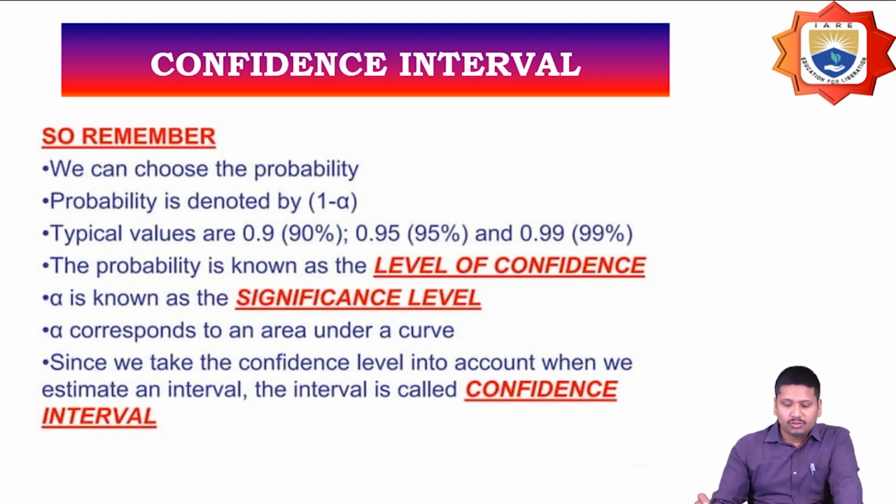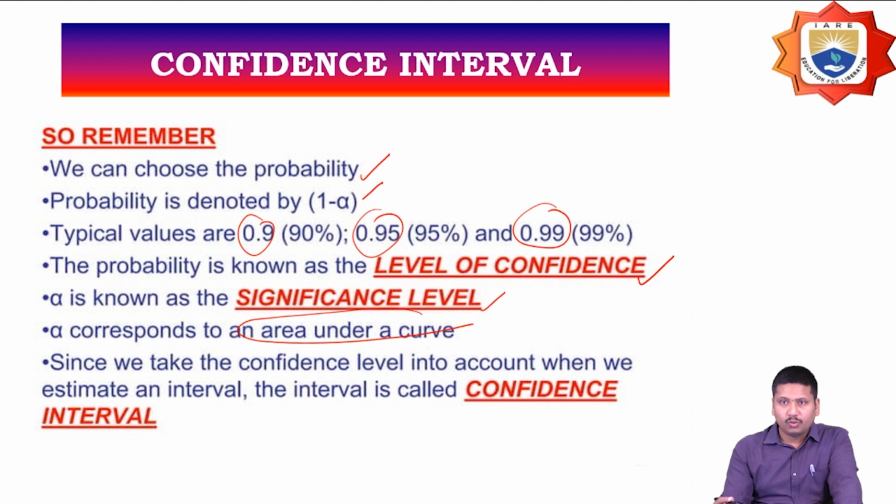Remember that we have to choose the probability, and it is denoted by 1 minus alpha. Typically the value is 0.90, 0.95 or 0.99. This probability is known as the level of confidence, and alpha is known as the significance level, which corresponds to the area under the curve.